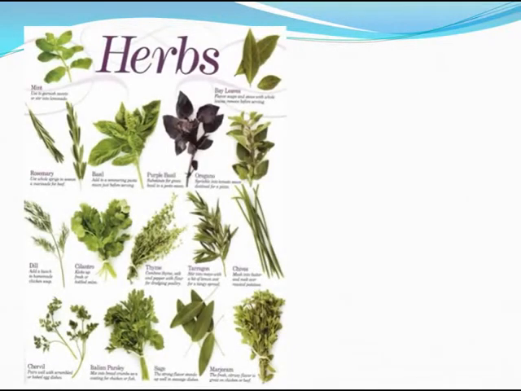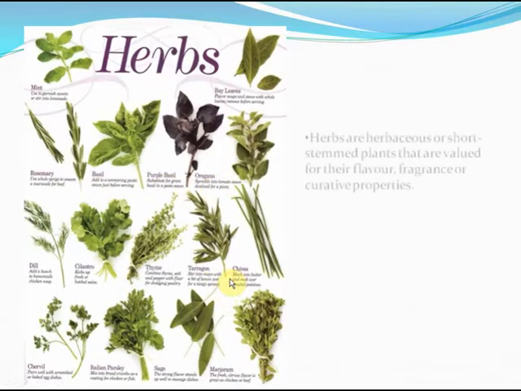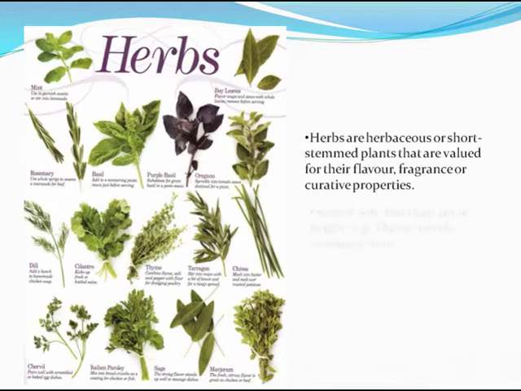Here we can see the picture of some of the herbs. We make aromatic tea out of herbs: mint, bay leaves, rosemary, basil, oregano. What are they? They are herbaceous or short-stemmed plants that are valued for their flavor, fragrance, or curative properties.